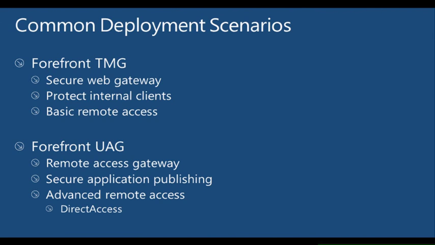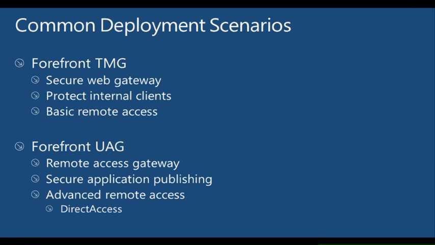TMG is more of a network security device, and it's about establishing or controlling network connectivity. Forefront UAG fundamentally is more about the applications. Instead of providing full network layer connectivity to your remote access clients, we're going to give them access just to the application that they need. Inherently, that is a little bit better security posture for you as an organization.